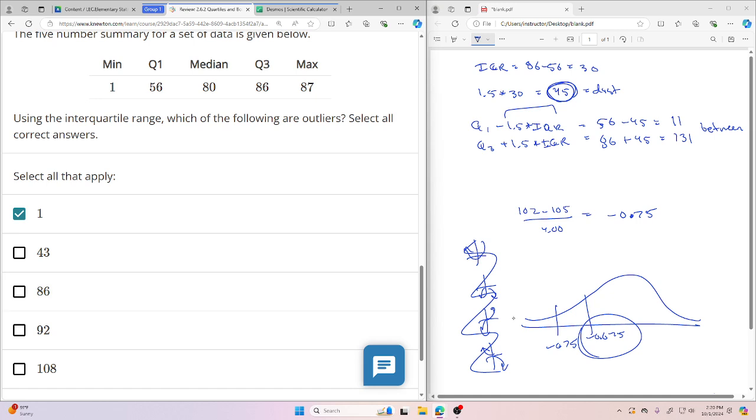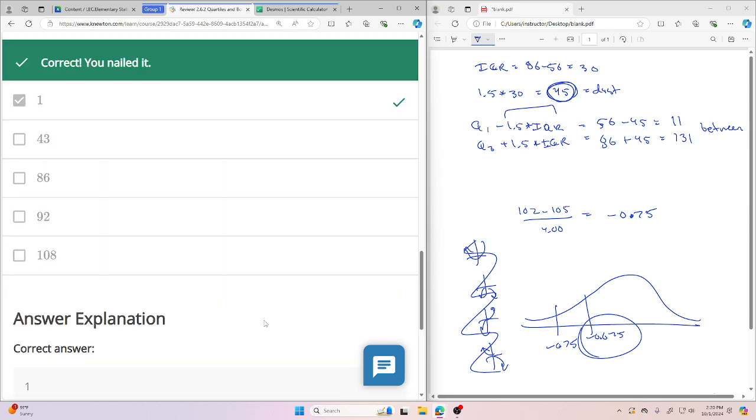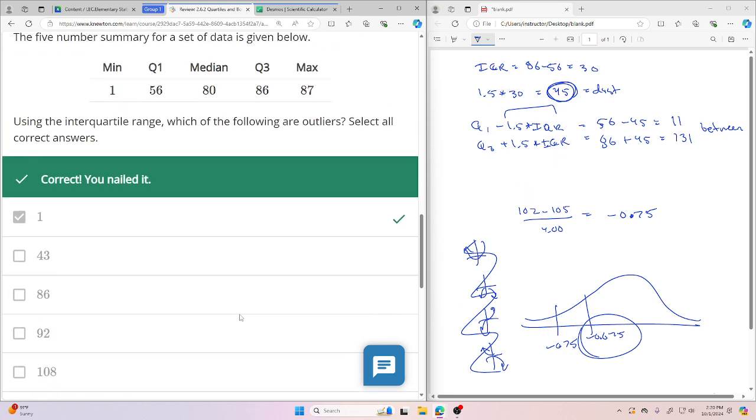Right? Is there anything else that would fall outside of that zone? Let's try it. Cool. I know it's weird to me too. Weird but true. Yep.